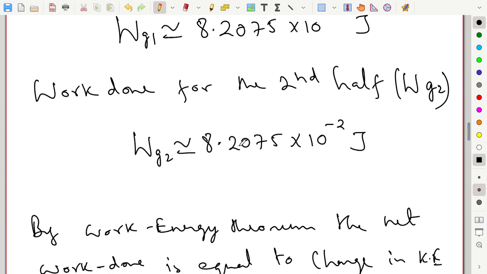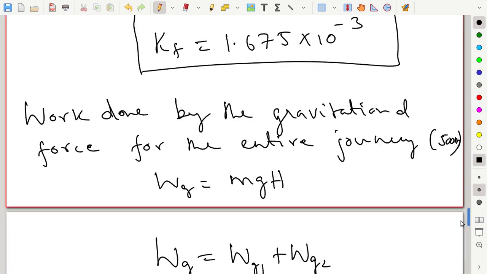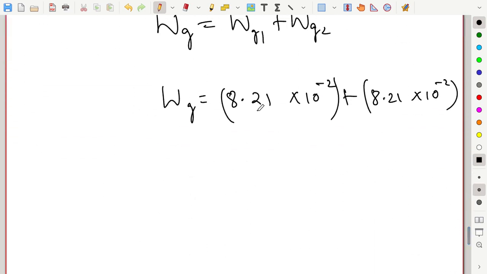Instead of 8.2075, since this value is greater than 5, we can raise the previous value by 1. Therefore it becomes 8.21 into 10 power minus 2. So if we add these values, we get Wg equal to 1.642 into 10 power minus 1.